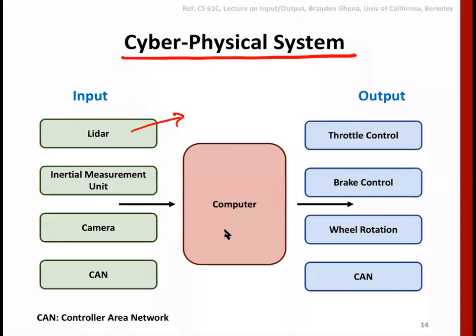It totally depends on how the IMU is designed. But in general, it's an electronic device that measures and reports a body's specific force, angular rate, and sometimes orientation of the body. In your mobile, for example, you have something called an accelerometer.